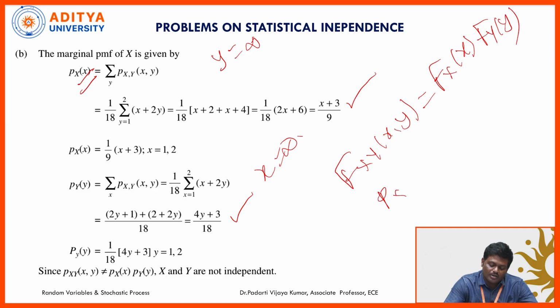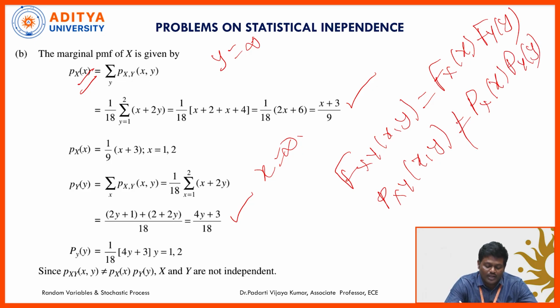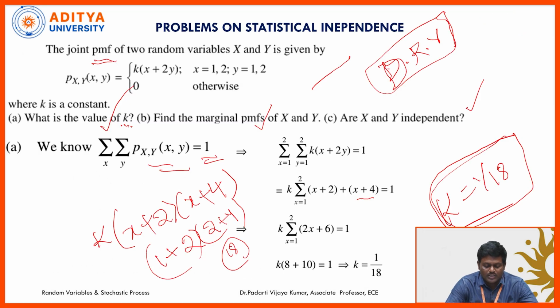In a similar manner, pxy of xy is equal to px of x into py of y. Doing this, both are not equal. So, clearly x and y are dependent on each other, not independent. So these are the things we need to compute: the unknown value of k, the marginal probability mass functions, and to verify whether they are independent or dependent.